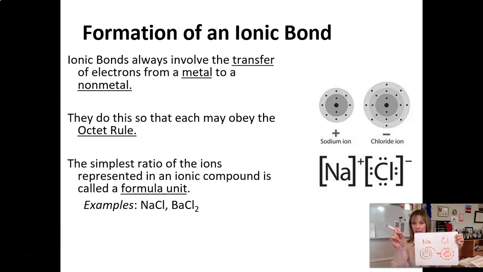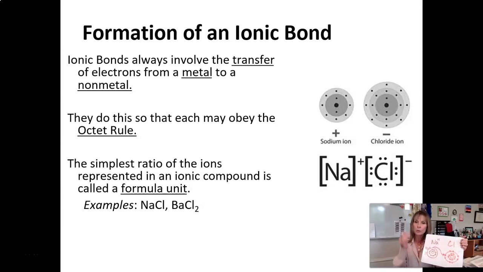And that electrostatic attraction that happens is because sodium now has a +1 charge. Why does it have a +1 charge? Well, sodium had 11 protons. It has 11 protons and 11 electrons. Okay, it did have that, right?